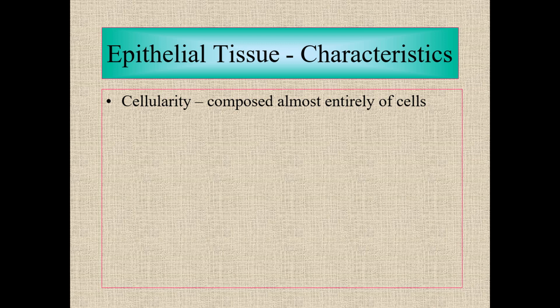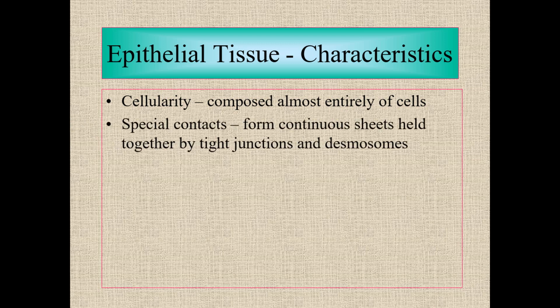Now, because they're jam-packed full of cells, what we're going to see is that there's going to be special contacts. Tight junctions and desmosomes are typically what we see. All right, polarity. Apical and basal surfaces. I'm going to skip this just for a second.